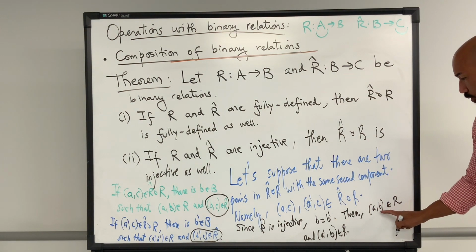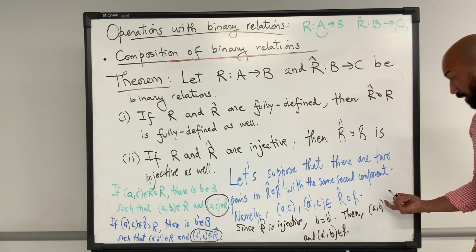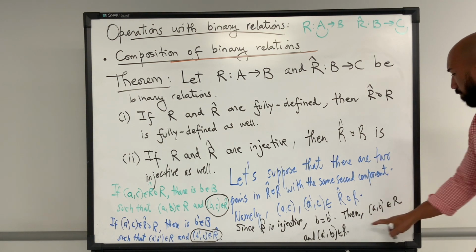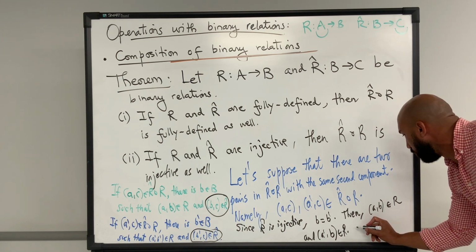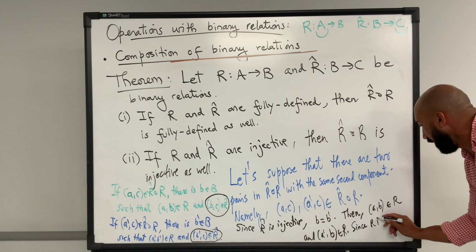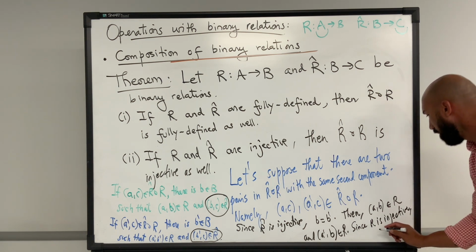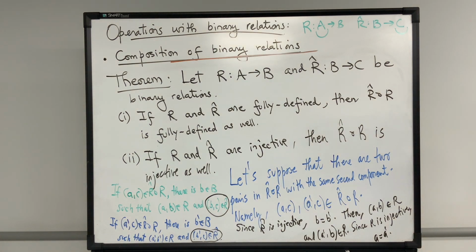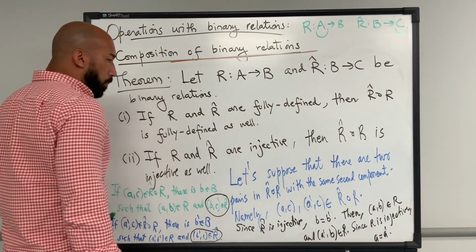If R is also injective, we cannot have repeated second components, which is telling us we cannot have different pairs having B as the second component. So A must be equal to A prime. So since R is injective, okay, A is equal to A prime. Yes, sir?